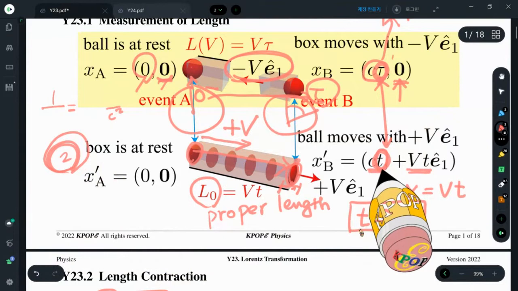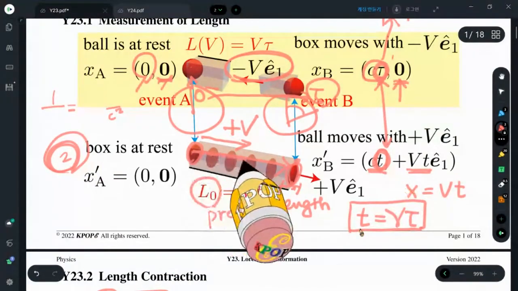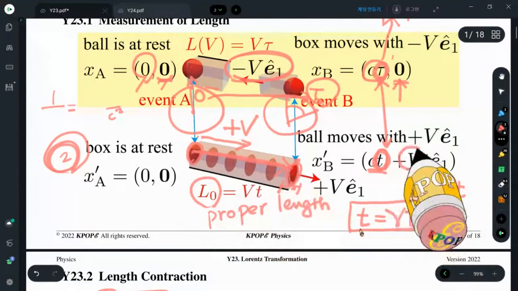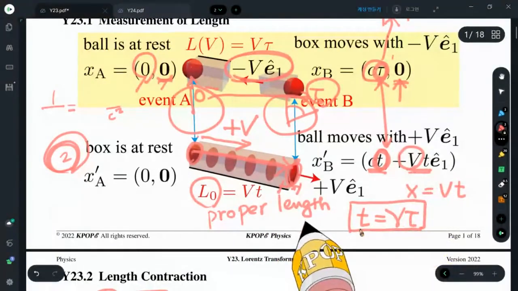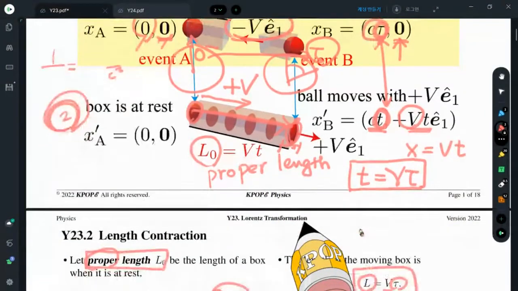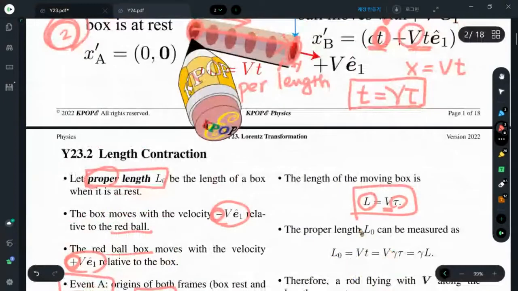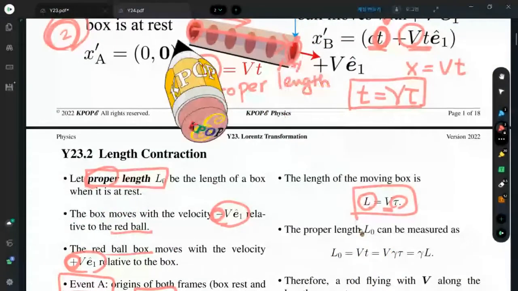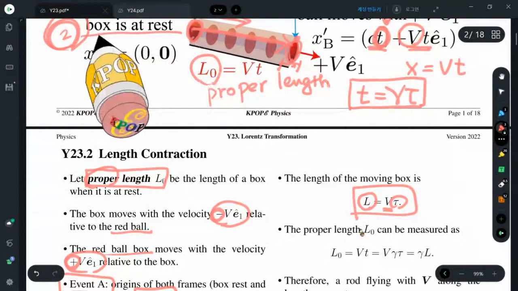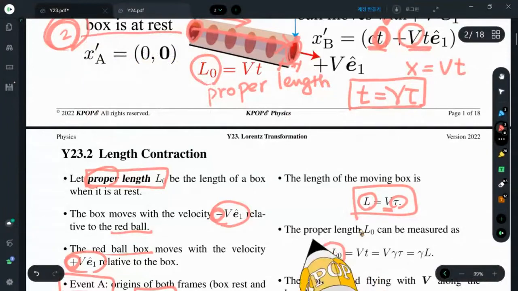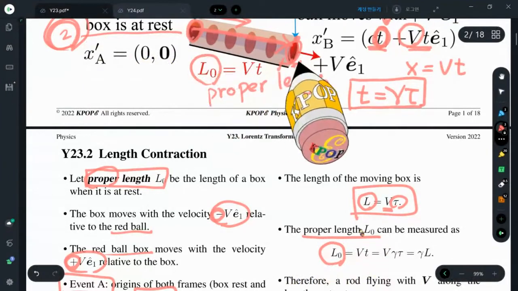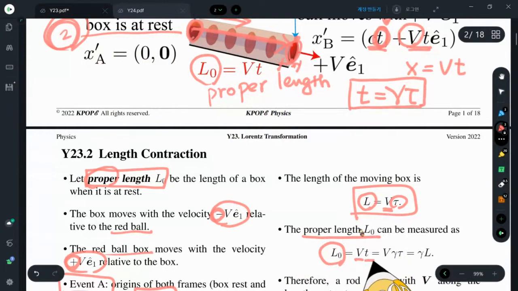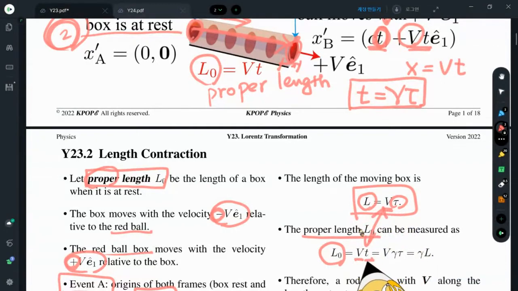And with the time t, the ball has been flying with the same uniform velocity capital V. Therefore, if I want to measure the length of the box in the rest frame of the box, L0, that is the proper length of the box, that is V times t instead of V times tau. So we have a discrepancy of the two lengths.